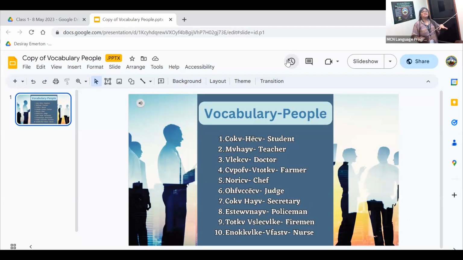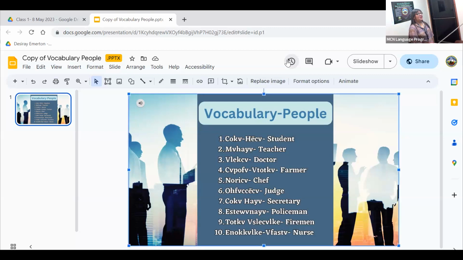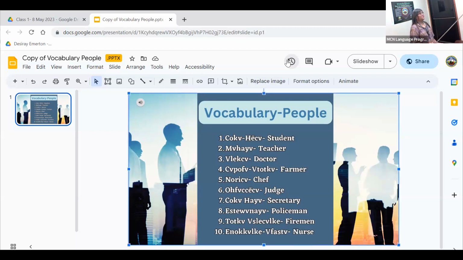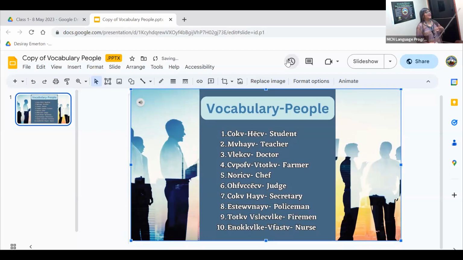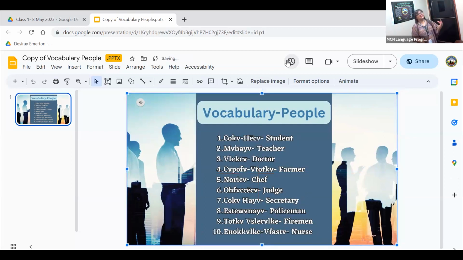So I'm trying to expand your vocabulary, so you can be familiar with these Mvskoke words when you hear them or when you try to use them in a sentence. Okay. Like I said, I know I've said these earlier, but for some reason, my mind's just in a million places. Like I said, I had my daughter, and we moved her today, so I'm just trying to make sure that everything is going right.